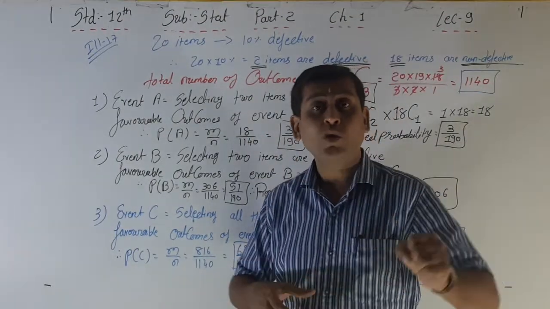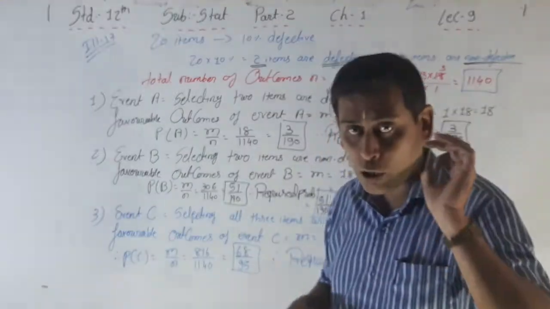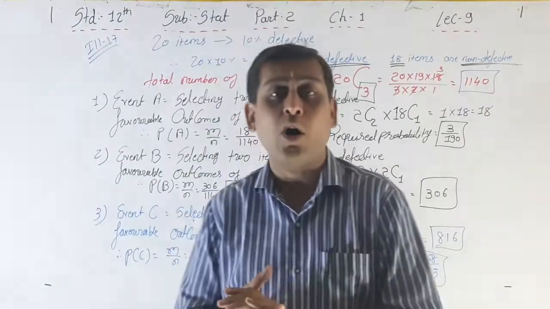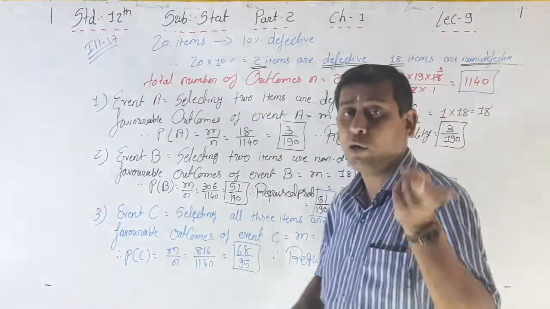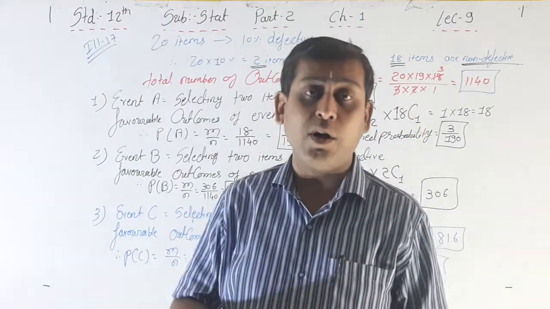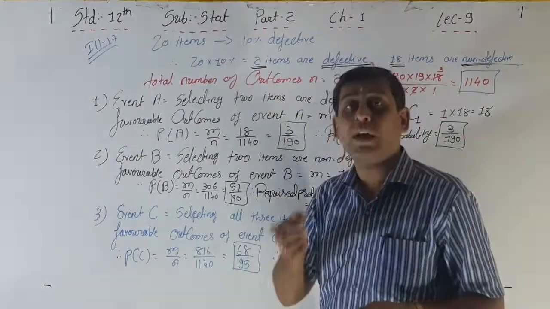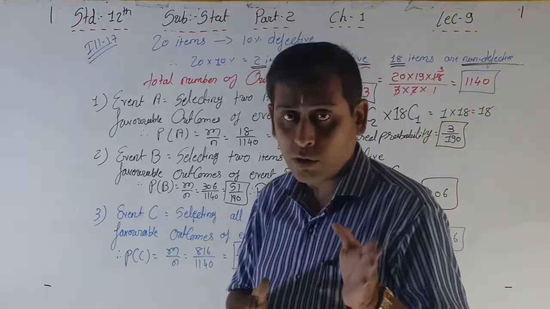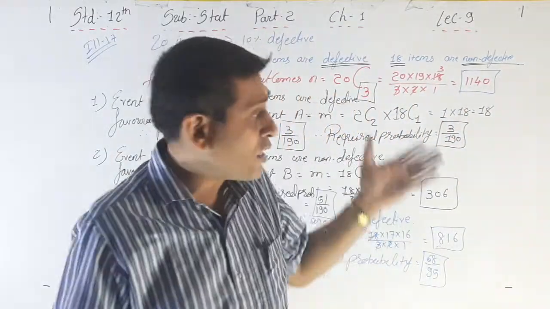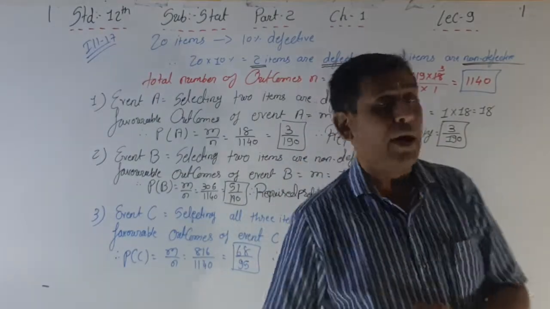If you only select those particular 2 items, then your answer will be wrong, because in total we have to select 3 items. So 2 defective means indirectly 1 non-defective. If 2 non-defective, then indirectly it is 1 defective. We have to find that out. So whenever this question is asked, please keep all these things in mind.